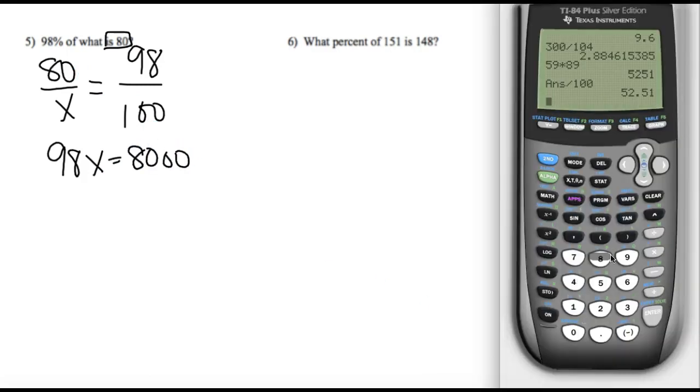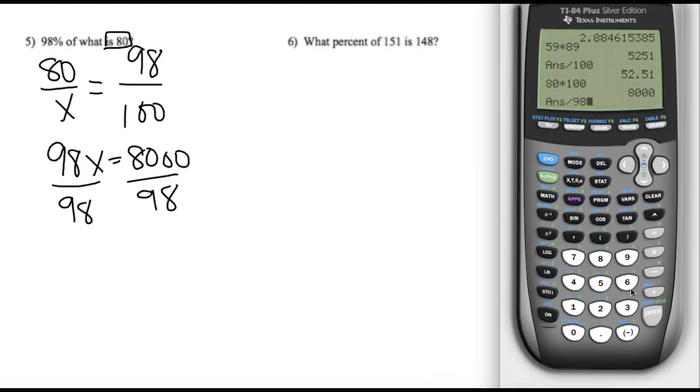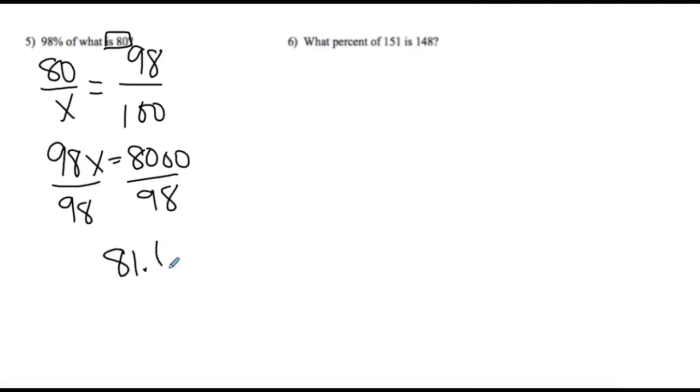We can check that. 80 times 100. Yep, 8,000. Now I need to divide by 98. And that gives me 81.63. If I round that, that would be 81.6.